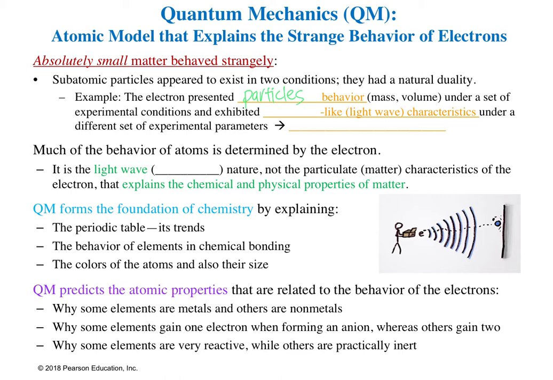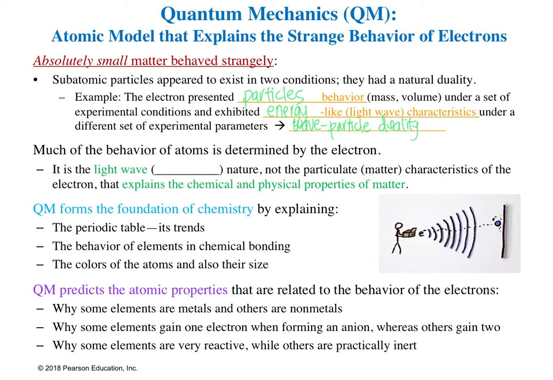And then they also noticed that they started to have energy-like behavior, so acting like a wave under other sets of conditions. And this gives us the concept of wave-particle duality, where different matter can act as both a wave and a particle depending on the conditions.